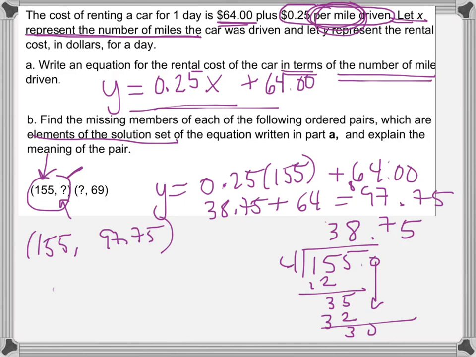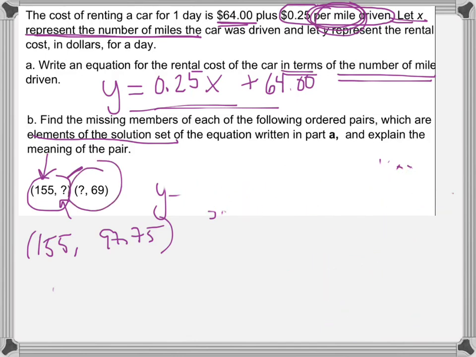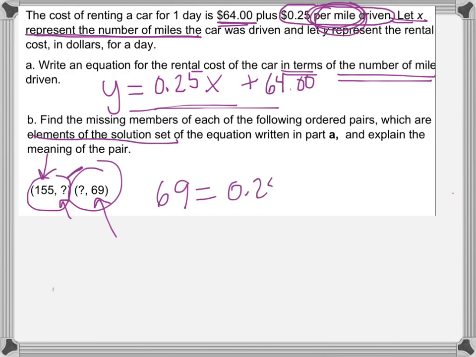And to find the last one, that's asking me, if your total cost was $69, how many miles did you drive? So we'd set it up this way. Out of $69, let's subtract this daily fee, which is $64.